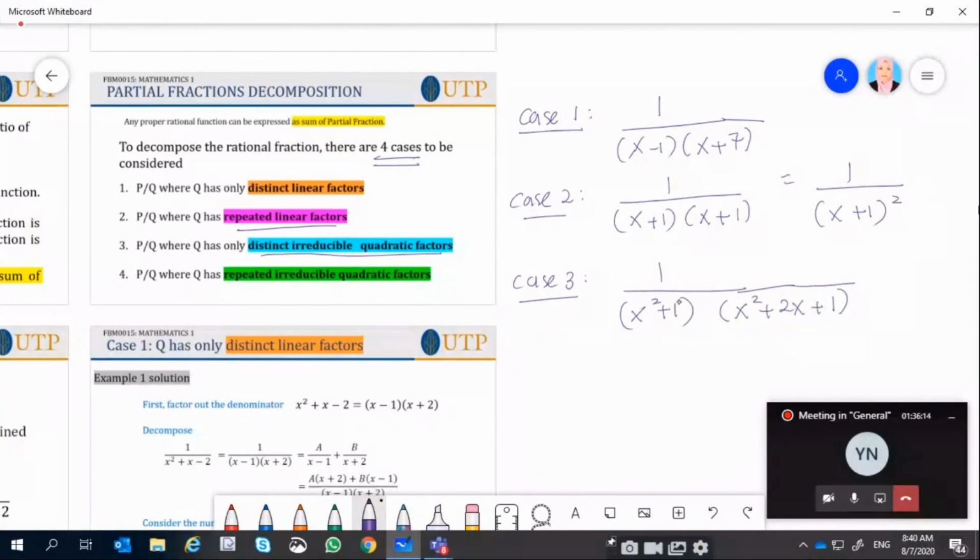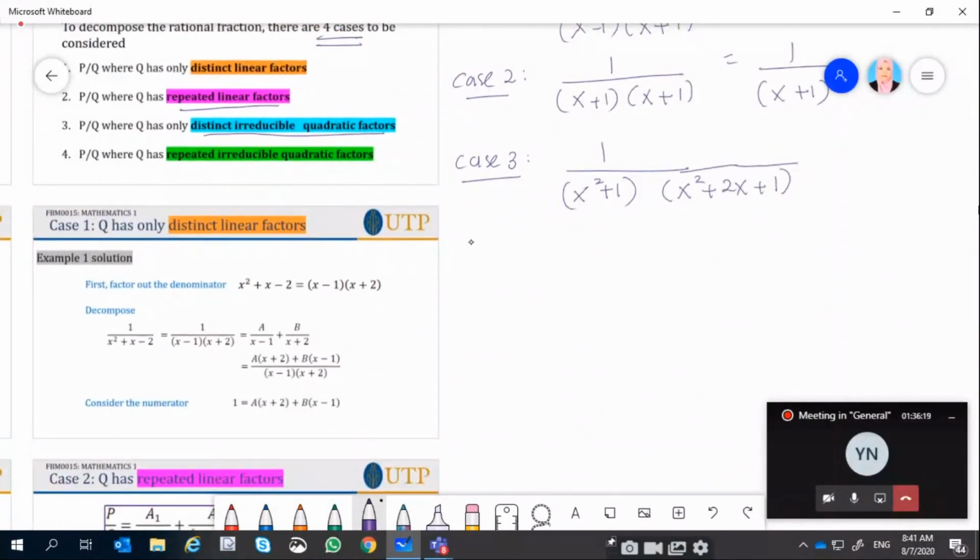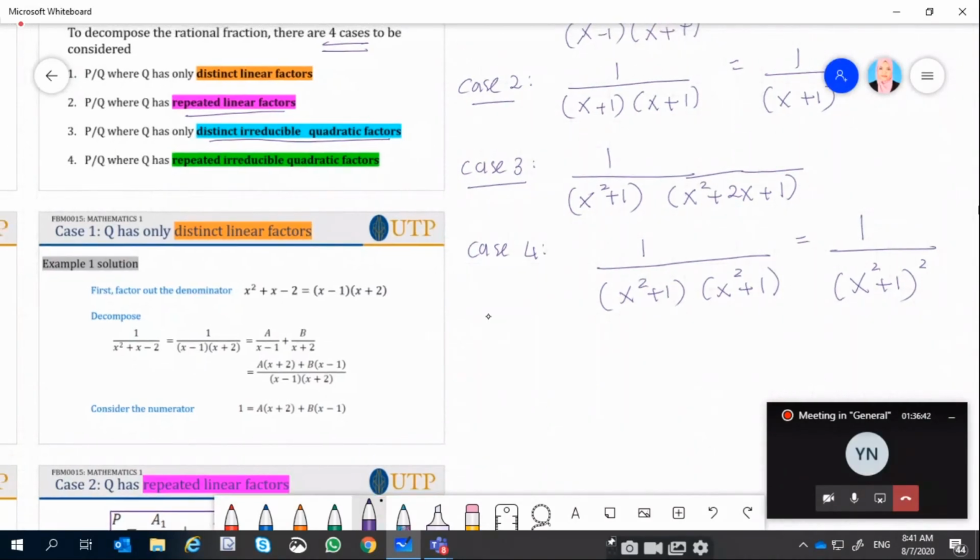And for case number 4, 1 over x squared plus 1 times x squared plus 1, a repeated irreducible quadratic factor. So there are 4 cases that you need to consider.